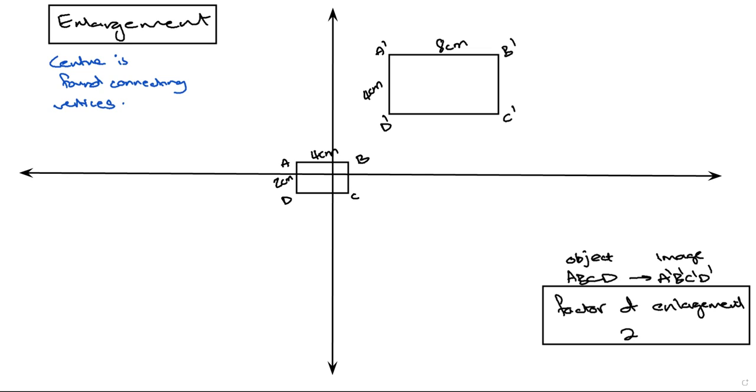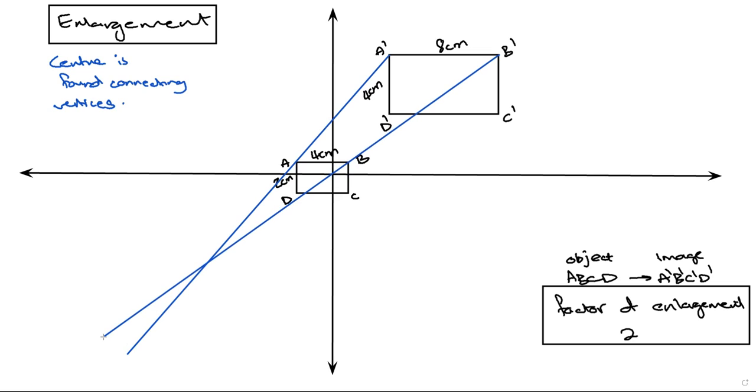So we're going to connect the vertices using lines. I connect A dash to A, and I extend the line as far as I can. Then I connect B dash to B, and you can see they're intersecting at that point there.